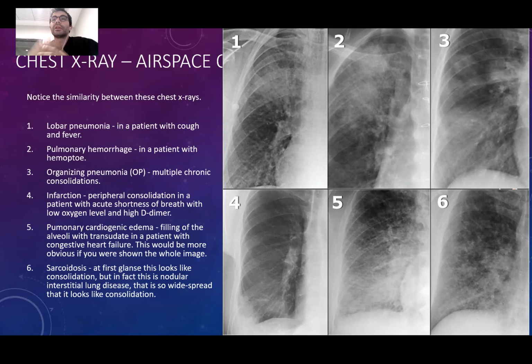So the patient is having big amounts of hemoptysis from the mouth, and it causes some consolidating area in the lung. The third one is organizing pneumonia, which is an interstitial lung disease, which has patchy areas of consolidations. This looks like a mass, but the others are consolidating areas.